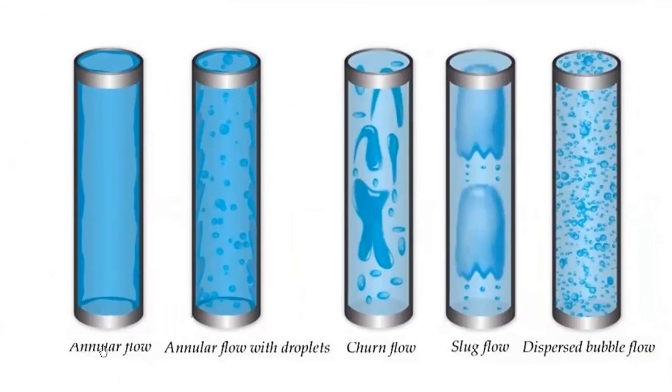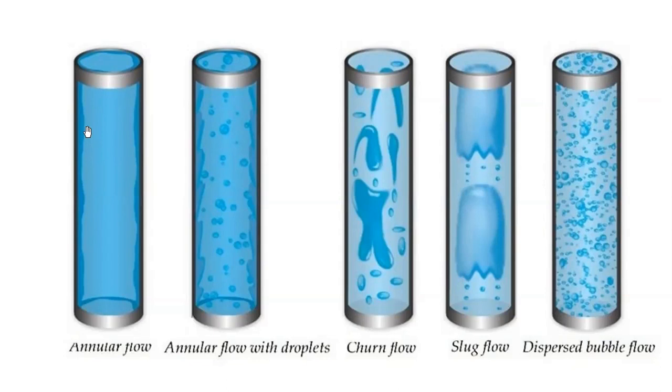Annular flow, annular flow with droplets, churn flow, which is now very dynamic and very turbulent, then slug flow, and dispersed bubble flow. On the right side, we have liquid as the continuous phase, whereas the gas is in the form of droplets or bubbles.